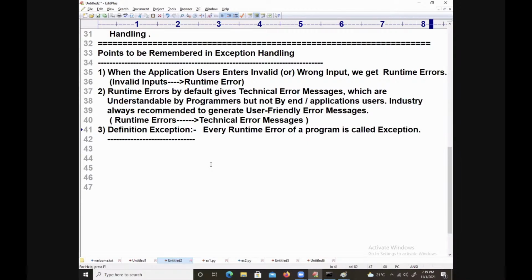This is one of the very important points. Listen to what I am saying. So it is not a technical error message, okay? Every runtime error of a program is called an exception. What I said, runtime errors by default give, I said.